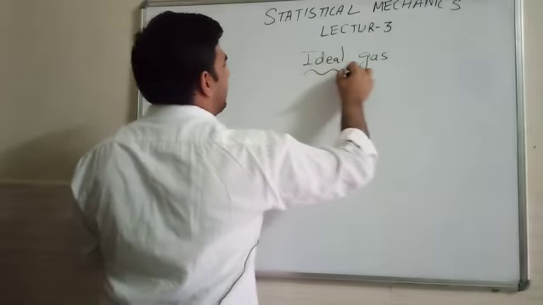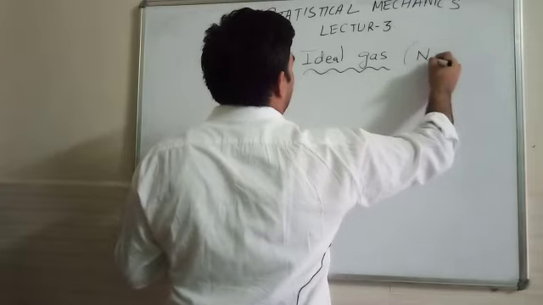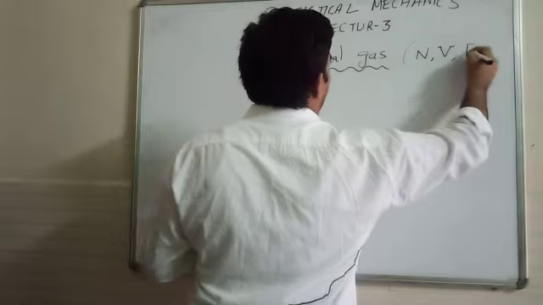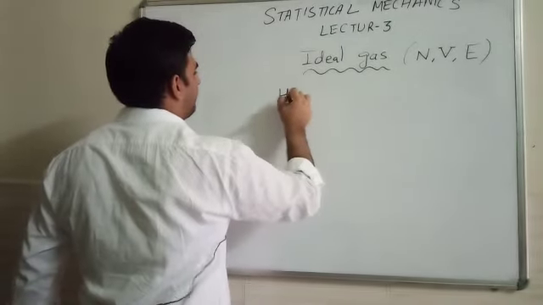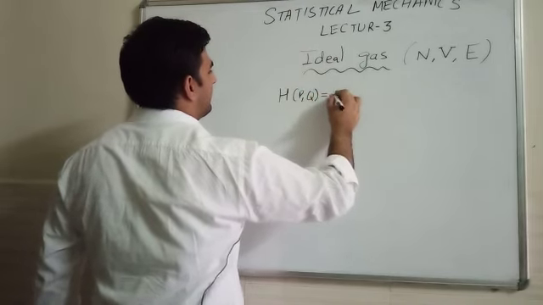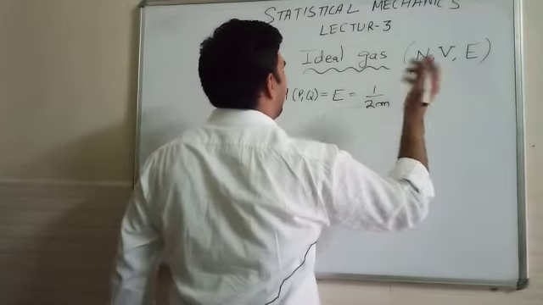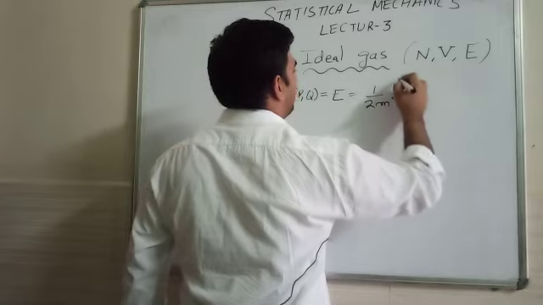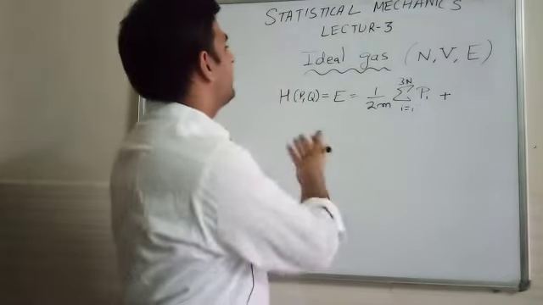We will again take the microcanonical ensemble, so it will have N particles with a constant volume V and a constant energy E. So the Hamiltonian of the system is the sum of kinetic energies of all the particles, p_i squared over 2m, with i going from 1 to 3N, plus the interaction energy, which is 0 because it's an ideal gas.